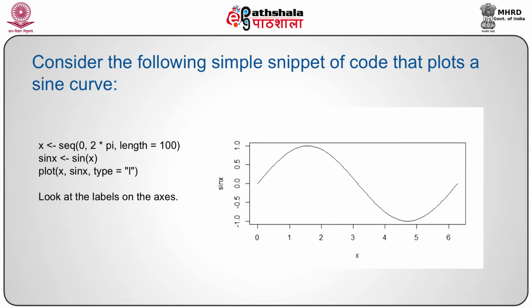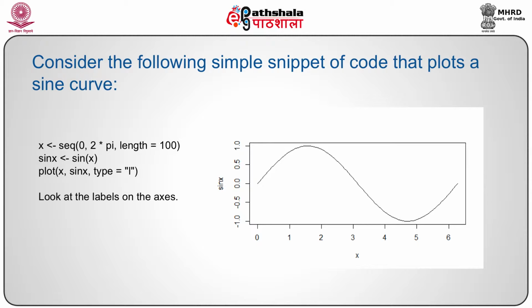Now, consider this simple code that plots a sine curve. This example will help us to have a clear perspective. Here, we are considering a sequence of length 100 starting from 0 to 2 pi. We are storing those values in x, and then we take the sine of this x.